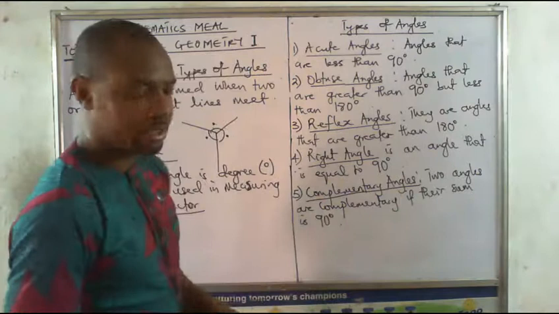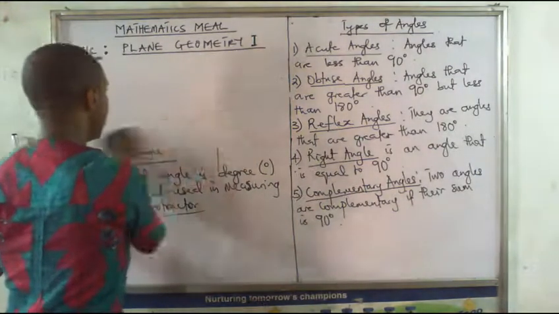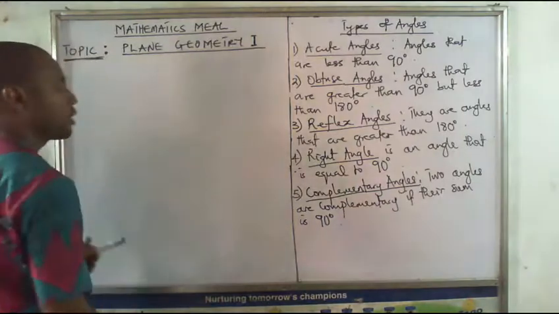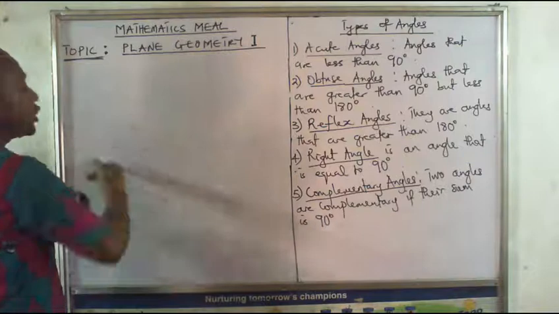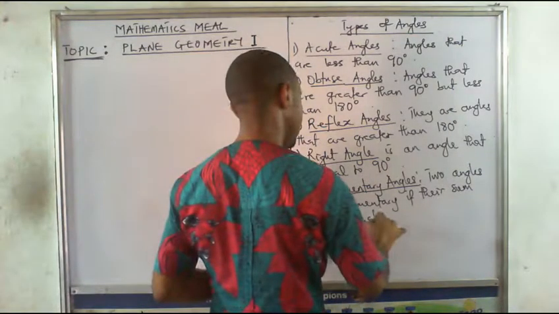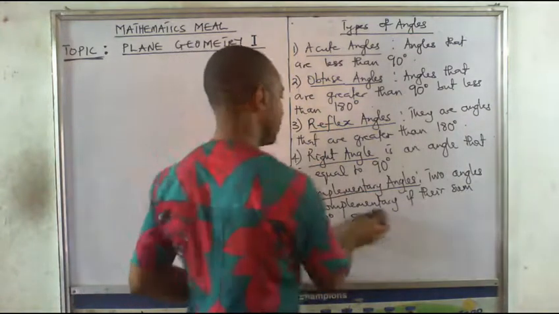So two angles are said to be complementary if their sum will give us what? 90 degrees. That's complementary angles now. Each of them is the complement of the other. So in complementary angles, each is the complement of the other.